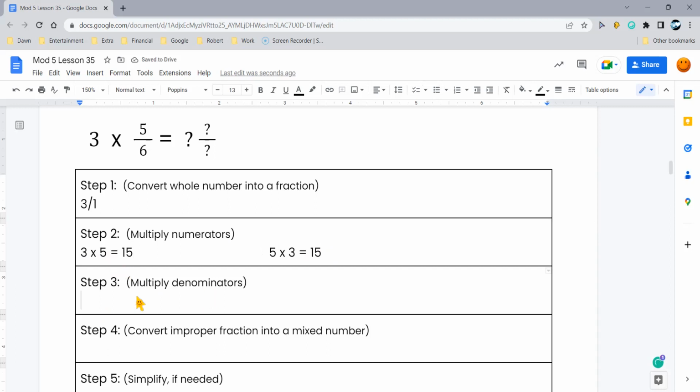And then I'm going to multiply my denominators. I have this denominator right here, 1, times 6, or I could write it as 6 times 1. And either way, your answer equals 6.